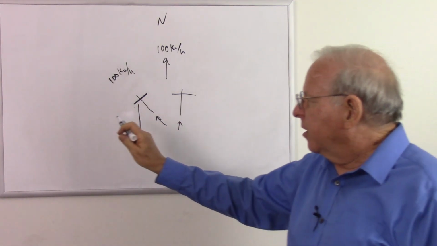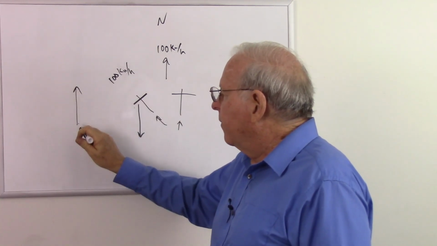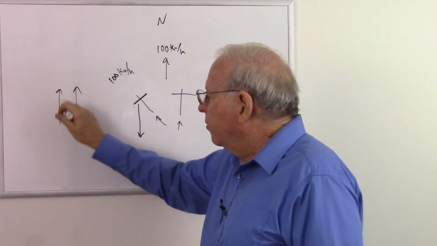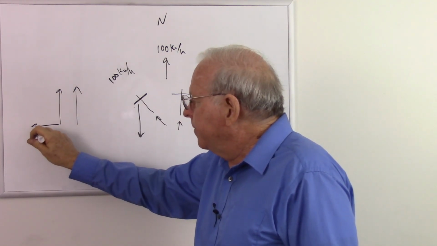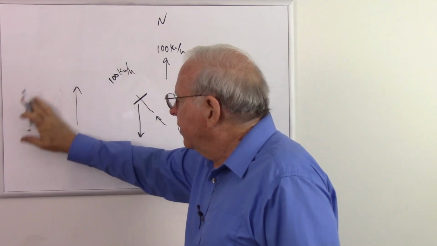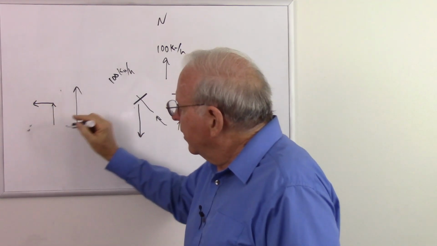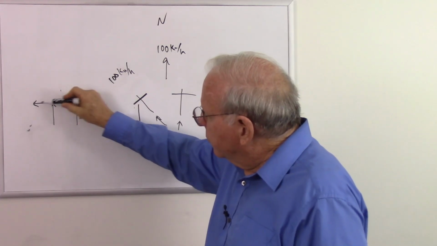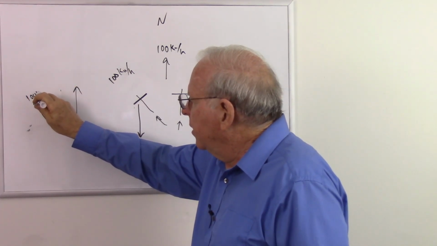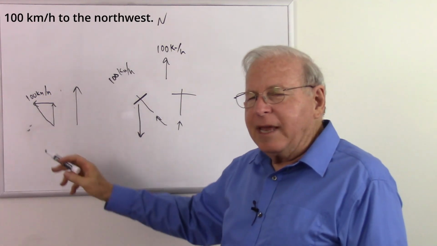So if you want to see what I'm talking about here, airplane number 2 has a vector going that way. Airplane number 1 has a vector going this way, and another vector going that way. And do a proper vector analysis. We have one vector and another vector. There's his speed going north, there's his speed going west, and his result is 100 kilometers per hour. What are these two speeds?